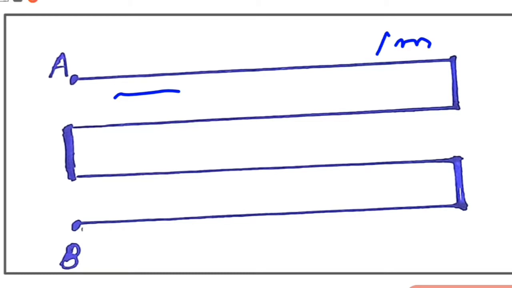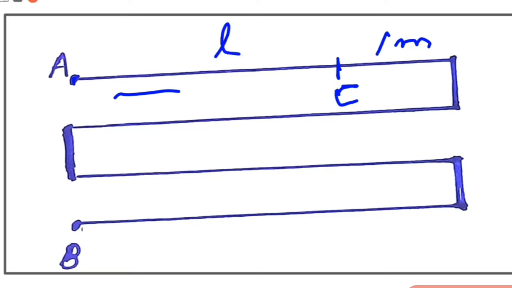Under that condition, if you take any 2 points, suppose A and C, the potential difference between A and C will be proportional to the length AC.